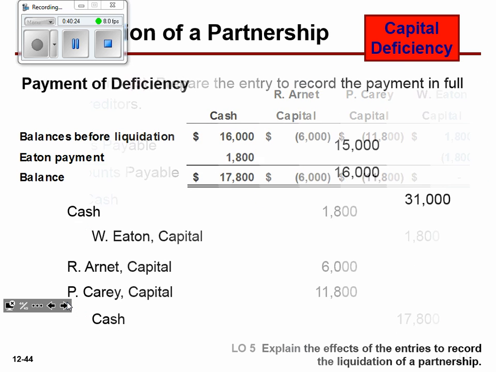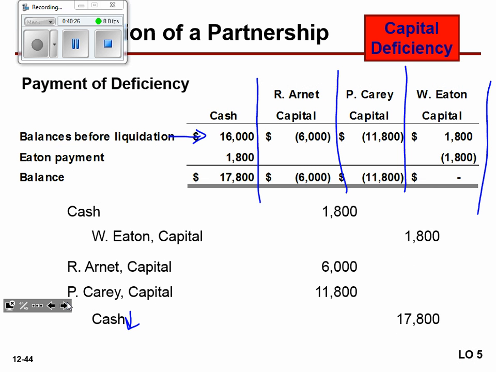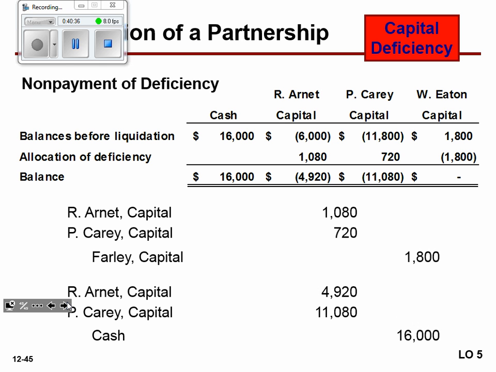Boy, I didn't even talk about, oh, that was the payment of the deficiency. So either the partner with the deficiency pays their balance, or the other two partners absorb the deficiency if the one partner can't pay. This is tricky.